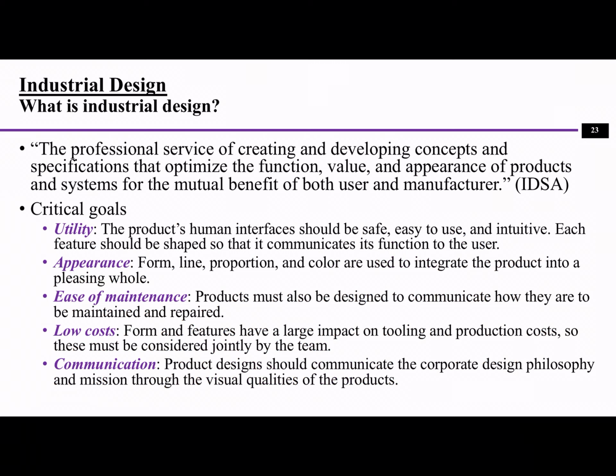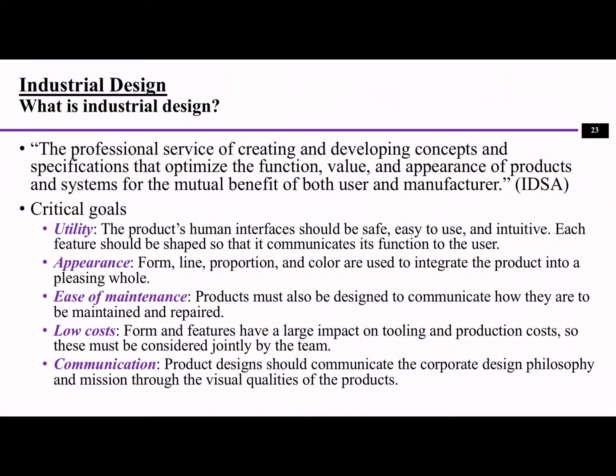Well, the product design itself mainly deals with functions and technology and meeting the customer requirements for the key functions. Well, the industrial design mainly deals with how this kind of product can increase usability and appearance, and also have low cost for manufacturing.